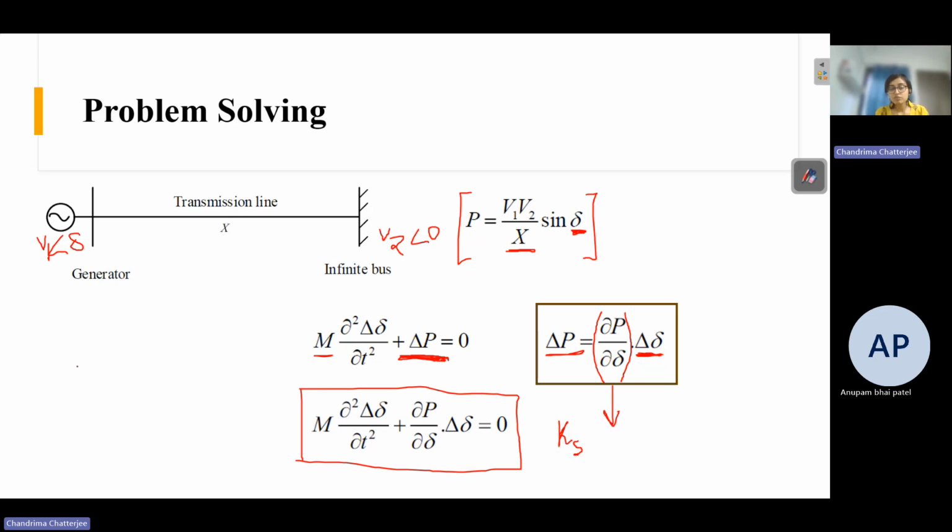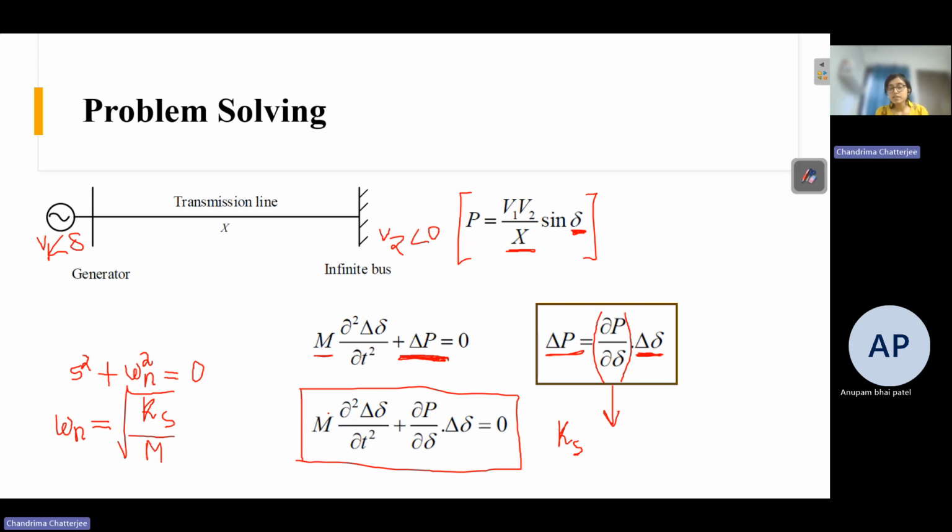If you solve this in the Laplace domain, you will get s square plus omega n square equal to 0, where omega n is the natural frequency of oscillation. Omega n is root over Ks by m.